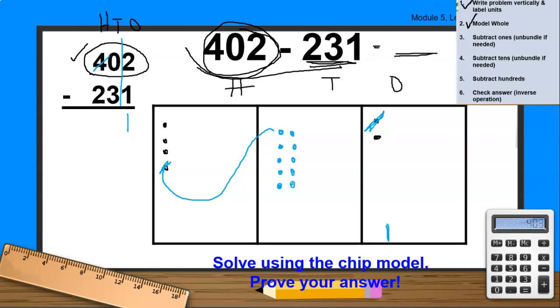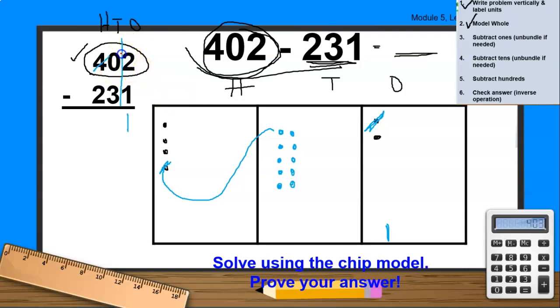I want you to sit tall and look at the next step. This is the part that we have been forgetting. Look at it, boys and girls. So, we need to show in a vertical form exactly what we did on our place value. Do I still have 0 tens?